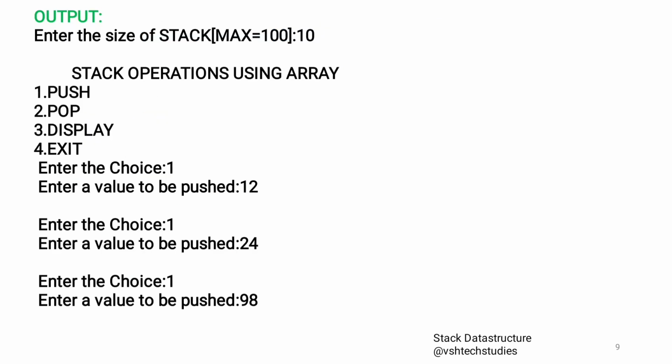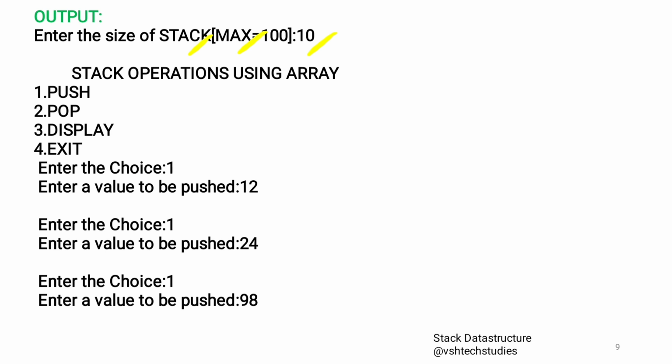So this is one sample output that we can see. Only the push operation has been taken here. Likewise, we can do any kind of operation. Enter the size: the stack maximum available is 100, so we are giving the size n equal to 10.